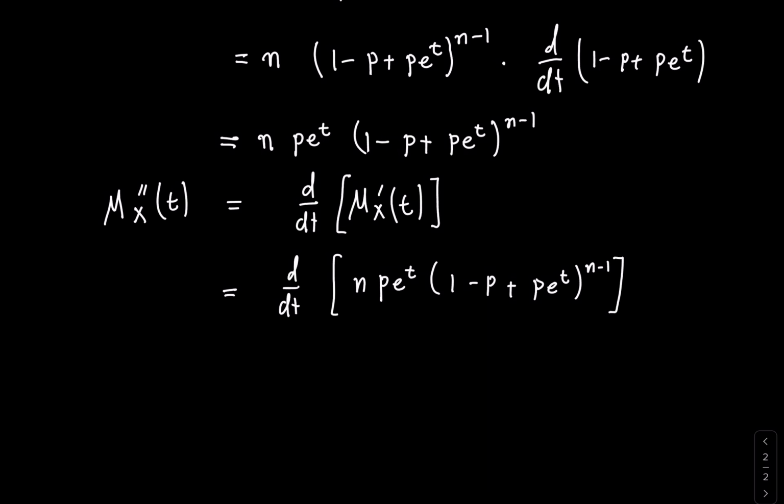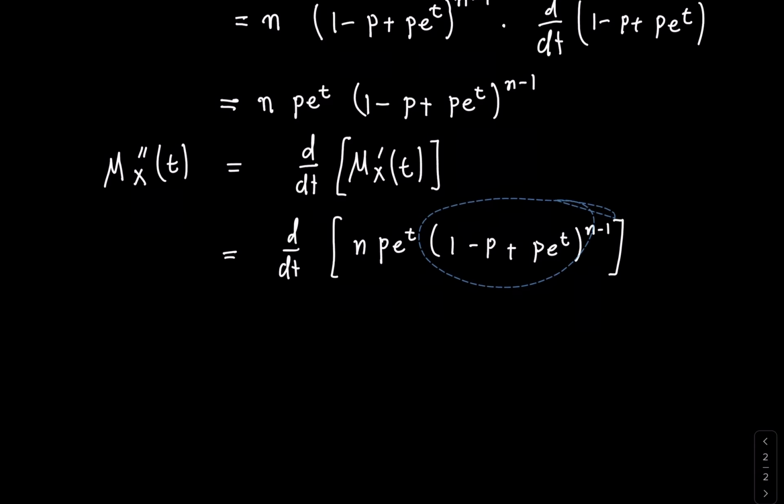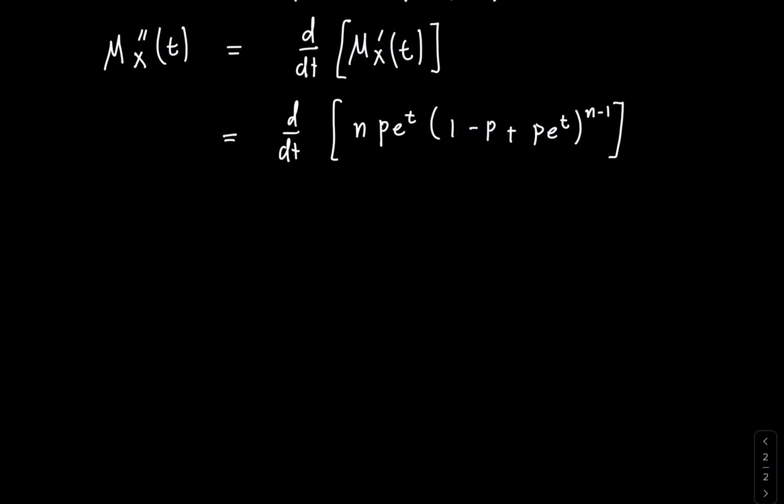Notice here what we have is the product of two functions that depend on t, n p e to the t, and then this nice huge expression here. Given that we have the product, we're going to use the product rule to differentiate.